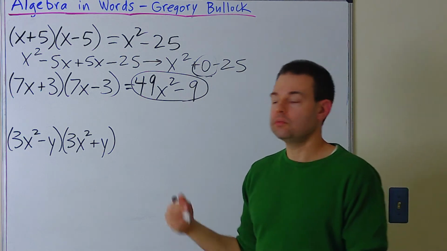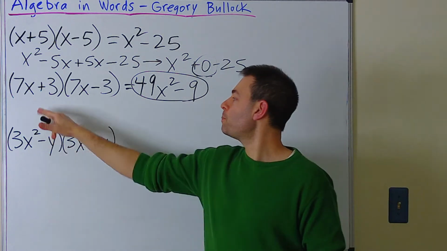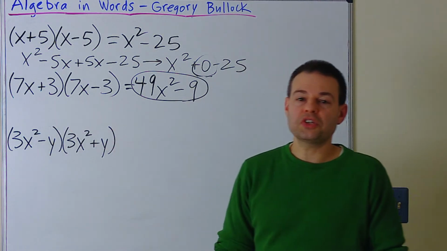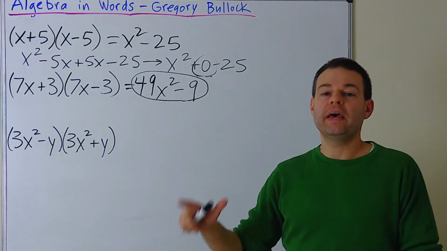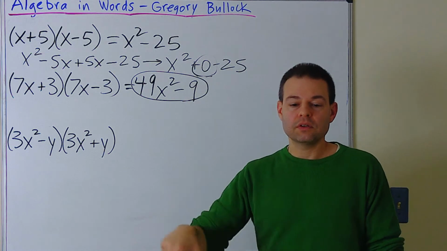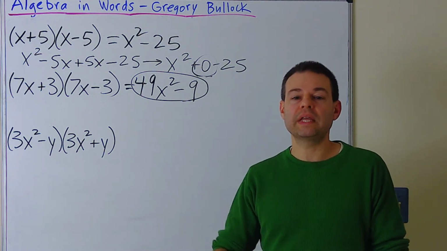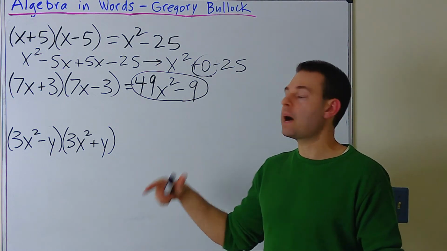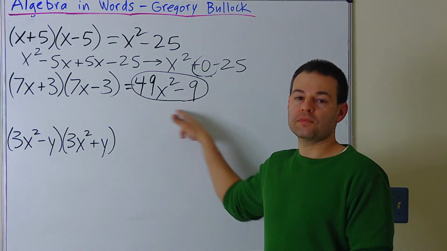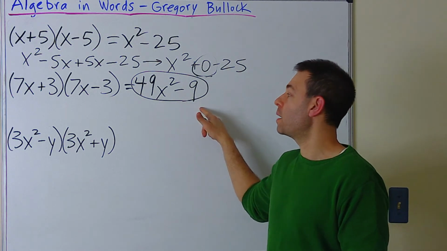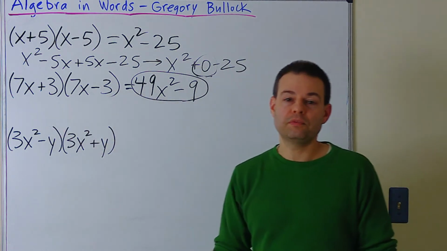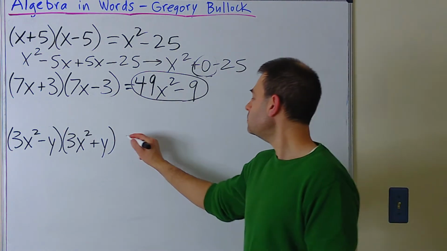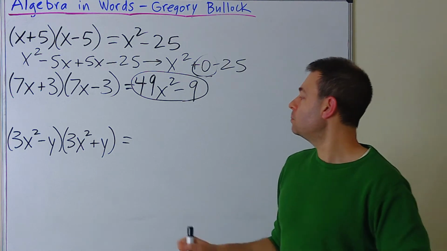And again, to reiterate the pattern, the product of the two conjugate binomials resulted in the difference of two squares. That's going to matter in videos coming soon, where we're going to do the opposite: starting with the difference of two squares, we have to factor them back into two binomials.